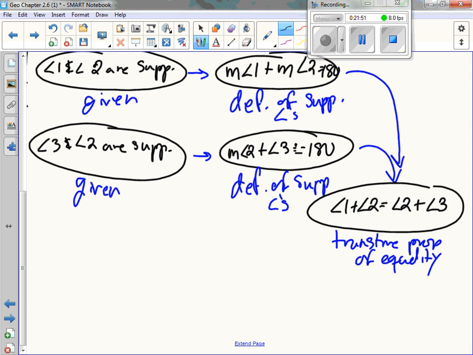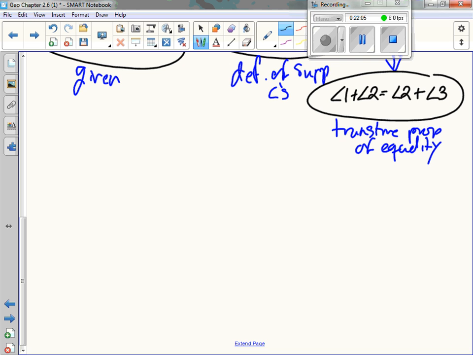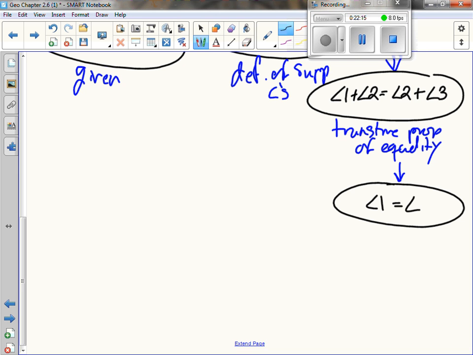That's why I like these flowchart proofs, is that we can have multiple things working towards the proof written out separately, and then we show where they connect, where they go together. From here, we can say angle 1 is equal to angle 3.